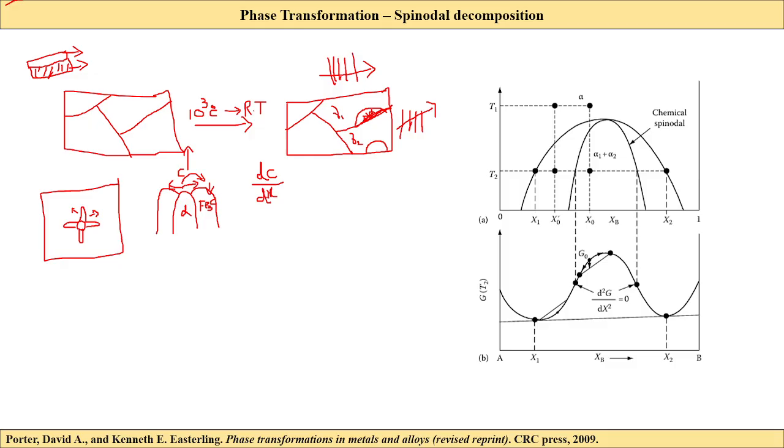So that is about the diffusion. We need diffusion for the alpha to form or Fe3C to grow.